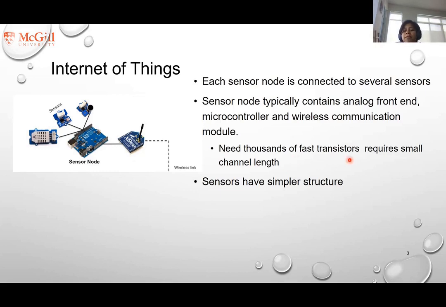If we need fast transistors, that means we need a very small channel length in the transistor. That's one requirement. Compared to these modules, the sensors actually have a simpler structure. Most of the time they don't need very small features like a very fast transistor.